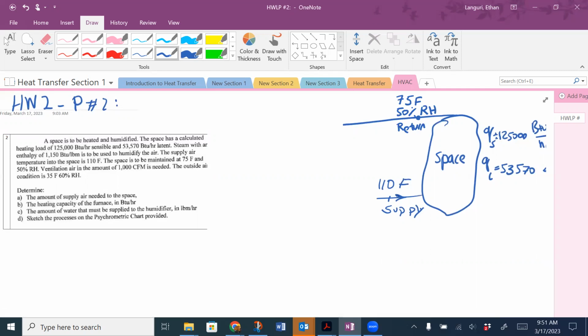Ventilation air, which is nothing but outside air, in the amount of 1000 CFM is needed. And the outside air condition is also given. So this is what I have. I have a furnace. So this first part is the furnace.